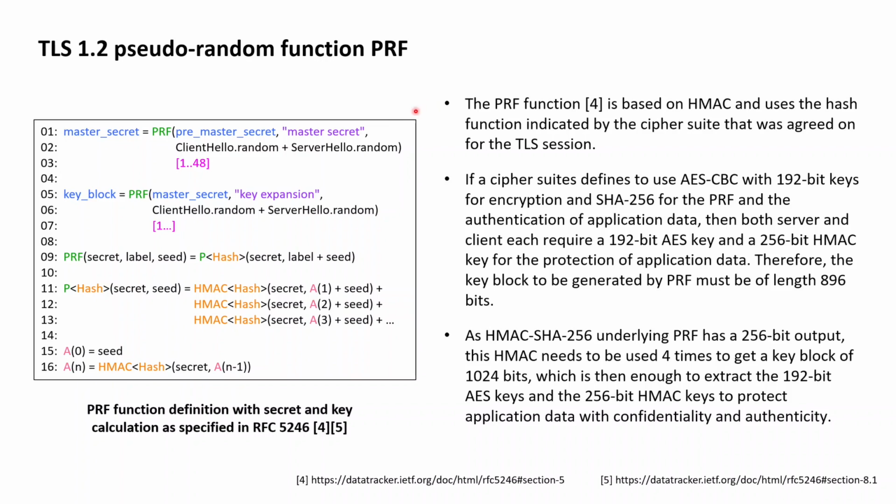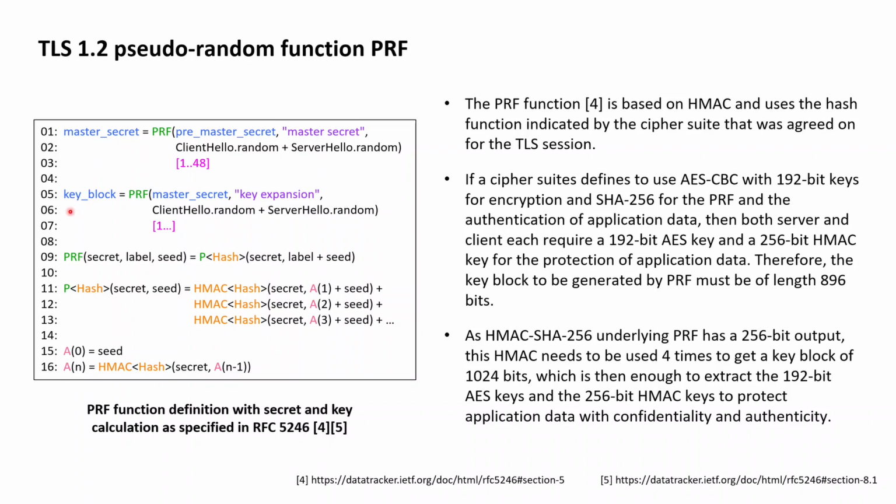Looking now to the left side of this slide, we can see that the TLS 1.2 48-byte long master secret is derived with PRF from the pre-master secret, plus additionally also the client and the server randomness that the client and server exchanged by means of their respective hello messages. From this master secret, a key block is then derived with PRF, and the derivation again makes use of the client and the server randomness exchanged.